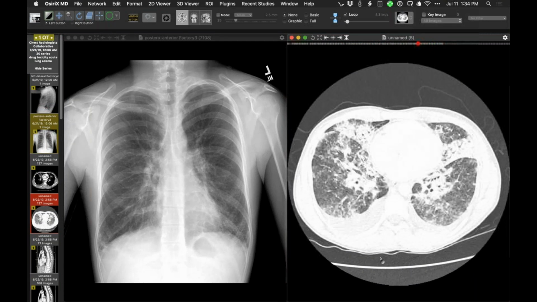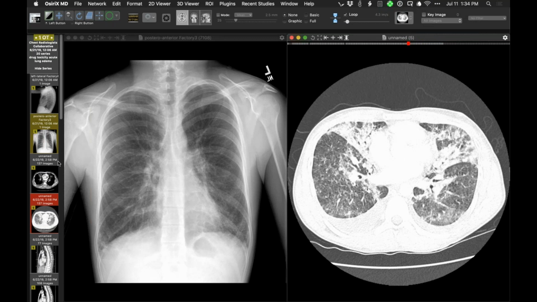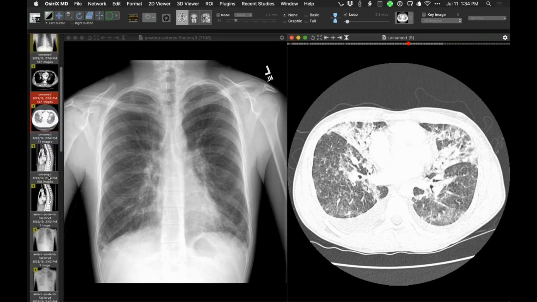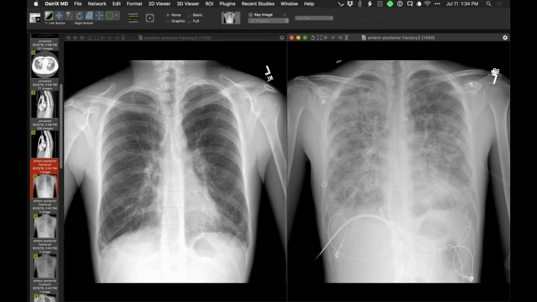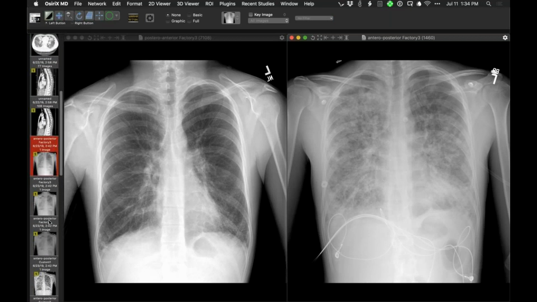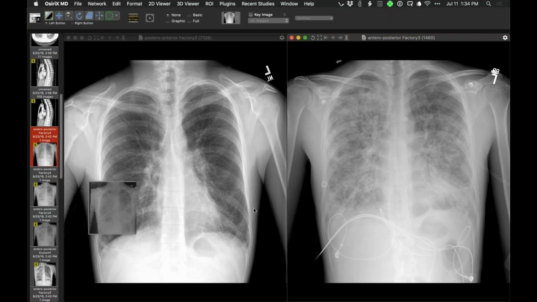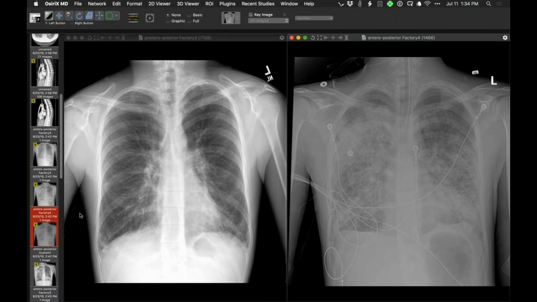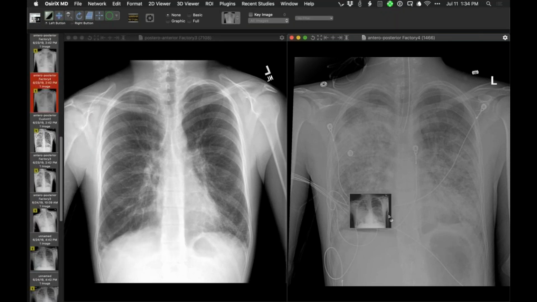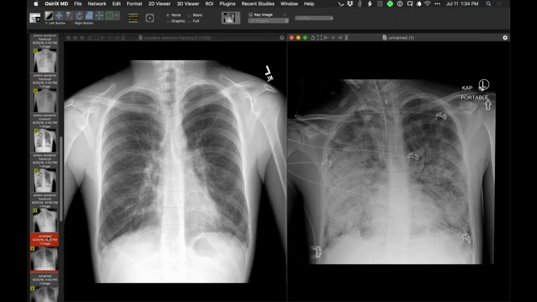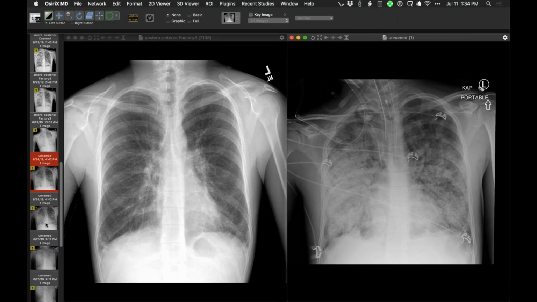He also has pleural fluid. And then I'll show you that he was transferred here for acute respiratory failure. So this now is the 23rd of June. And you will see that he eventually ended up intubated, but also on veno-venous ECMO. So here you'll see the placement of that cannula.